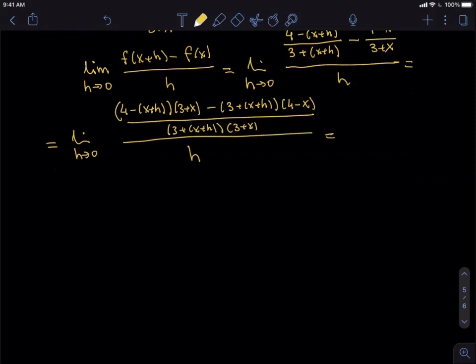Okay, so 3 plus x, and then everything divided by h. All right, so this gives limit as h to 0.